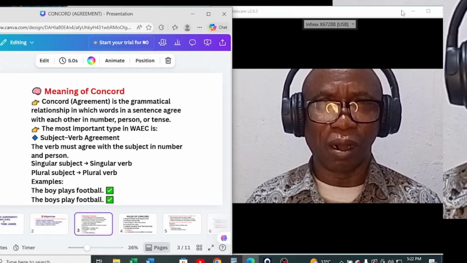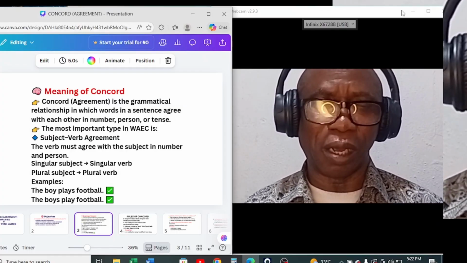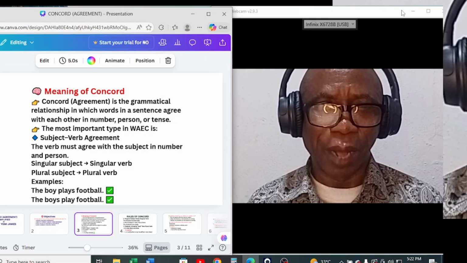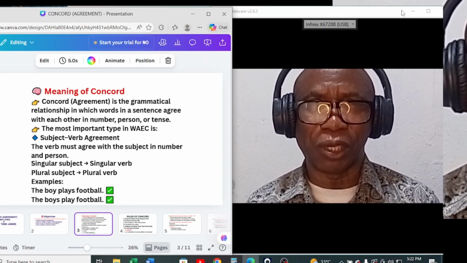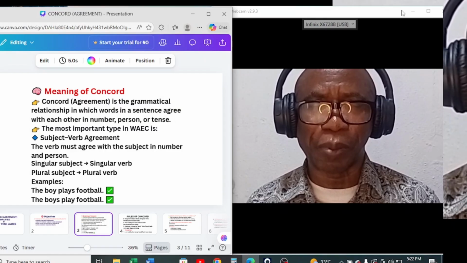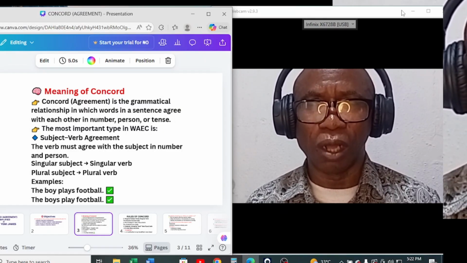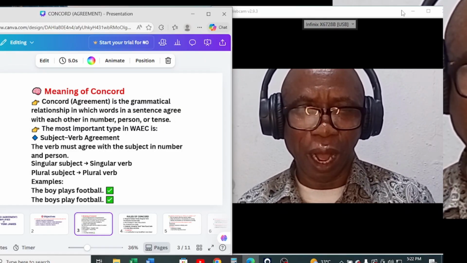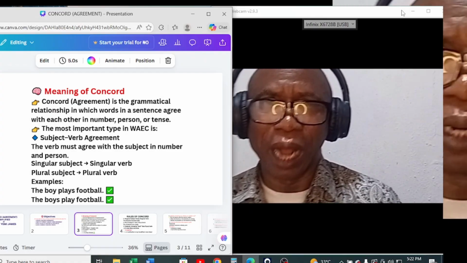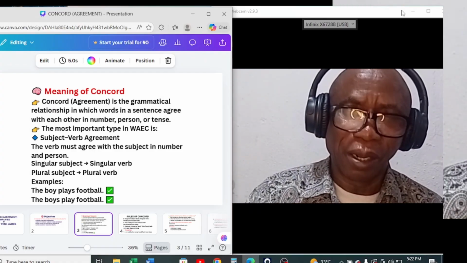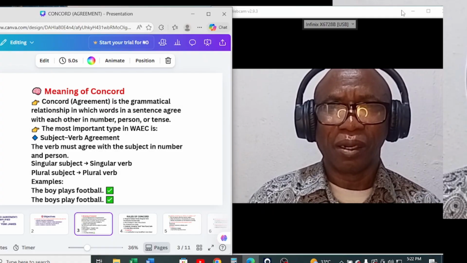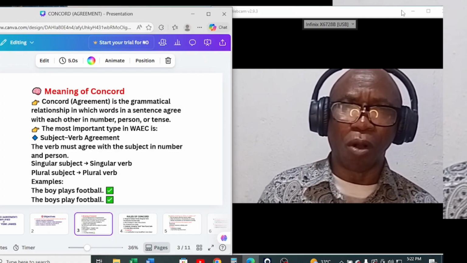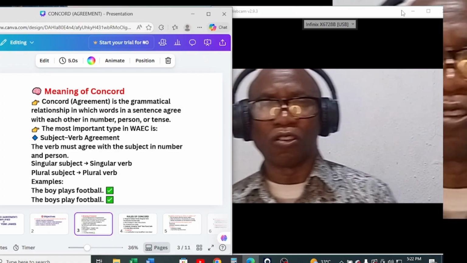Don't forget, when we're talking about words of the English language, by now our mind should settle on the part of speech. The English words we are referring to here are the parts of speech. And when we talk of agreement, it's just a concept that guides the agreement among all these parts of speech.